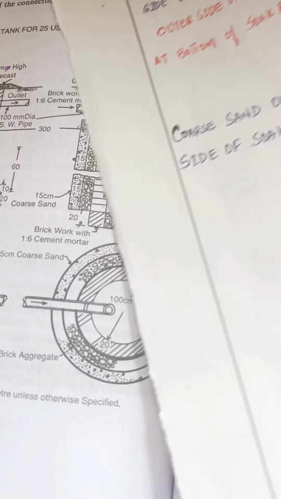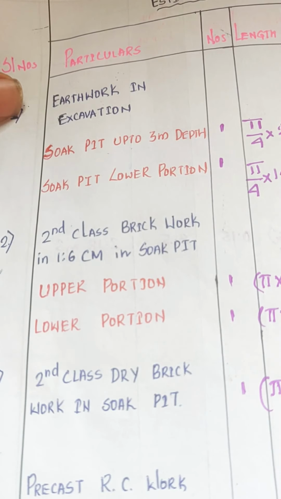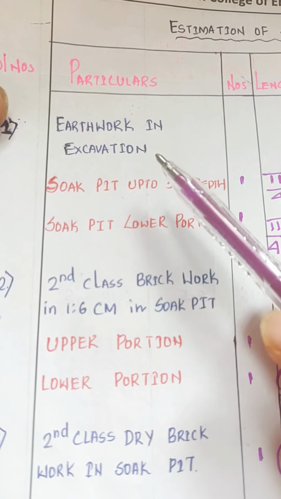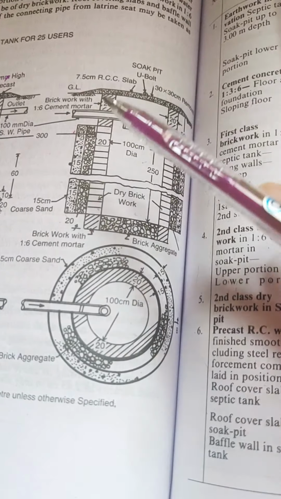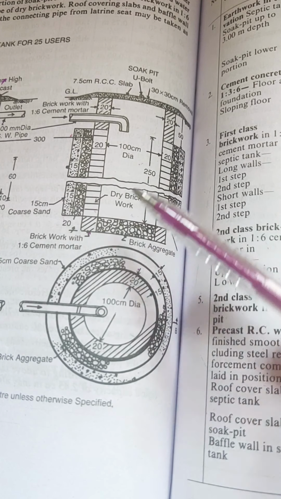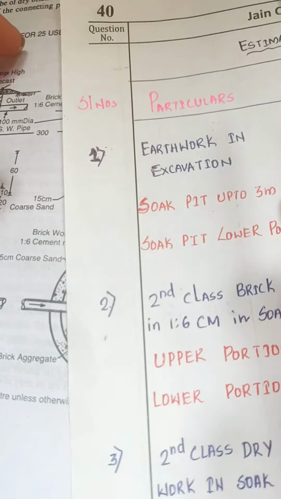So these are the quantities which are involved in calculating the soak pit. Once again I will revise. So first quantity is earthwork in excavation, 2 depths, that is here from ground level till here it is 250 plus 50, 300, that is 3 meter, and remaining portion. We have 2 different diameters, so we are divided into 2.